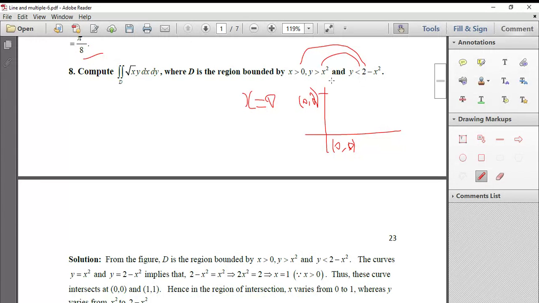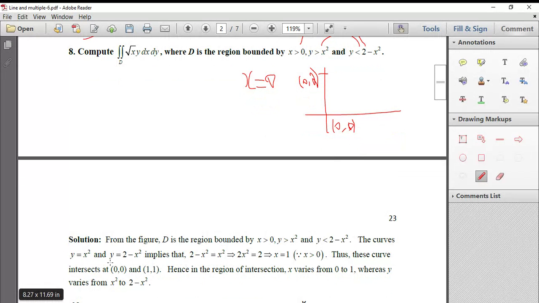Let us say y is equal to x square and y is equal to 2 minus x square. Substitute them, because left hand sides are equal, your x square will be equal to 2 minus x square, right? If you send minus x square to this side, that becomes plus x square. X square plus x square is 2x square. 2x square equal to 2, or x square equal to 1.